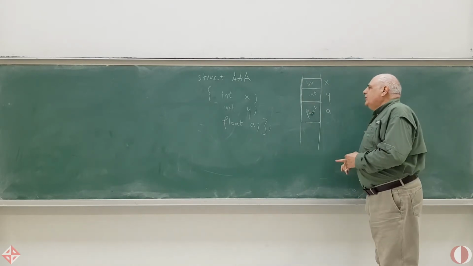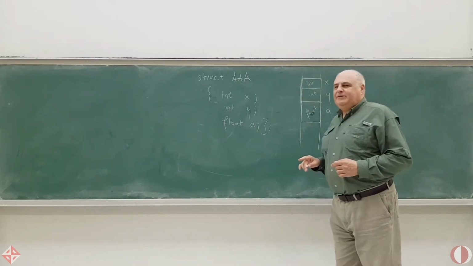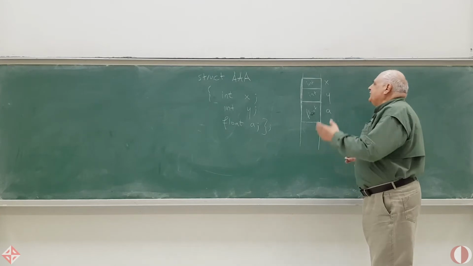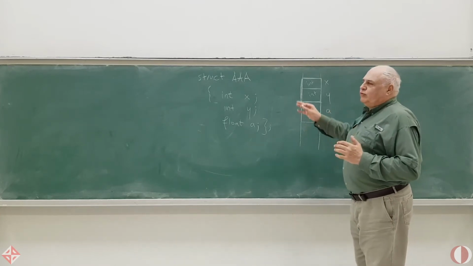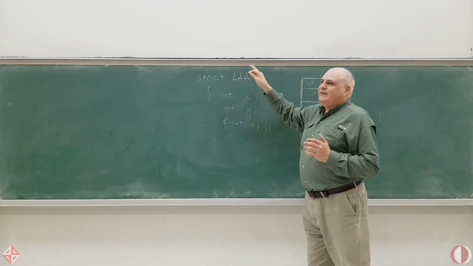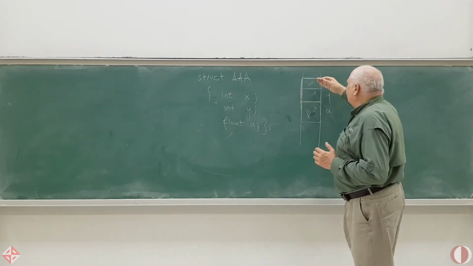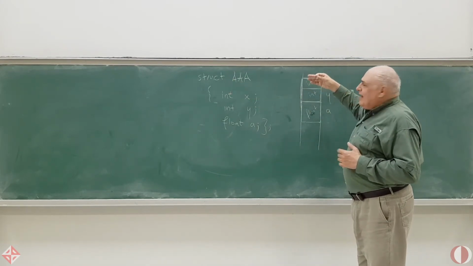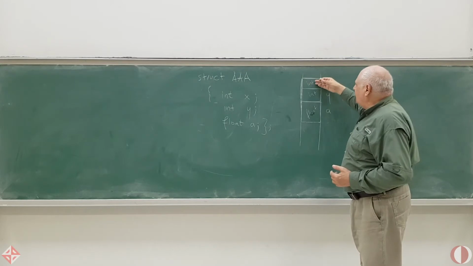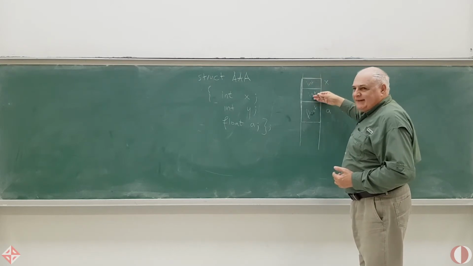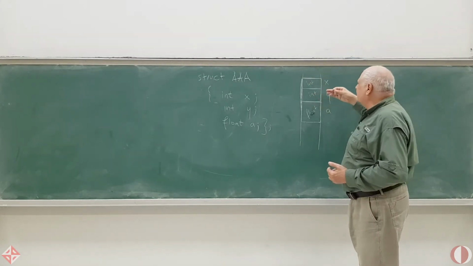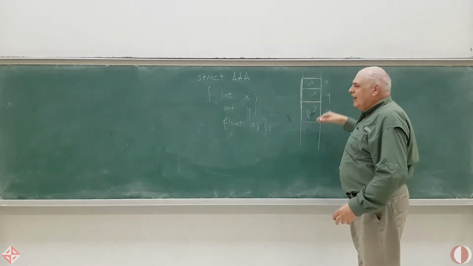So we call them alignment bytes. So the total size of the structure is at least the size of an integer plus the size of an integer, that means two integers and a float.